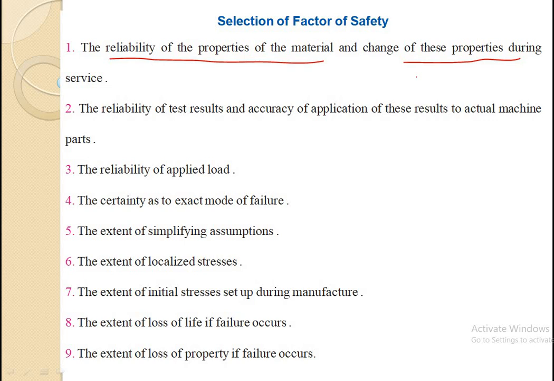Whether that material is going to change its properties when it is subjected to the application, due to the change in temperature, due to the change in load, due to the change in environmental conditions.